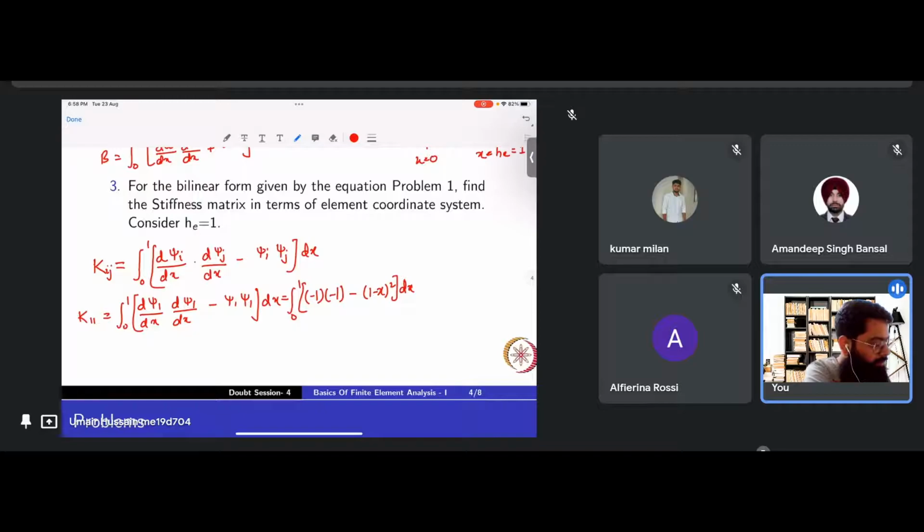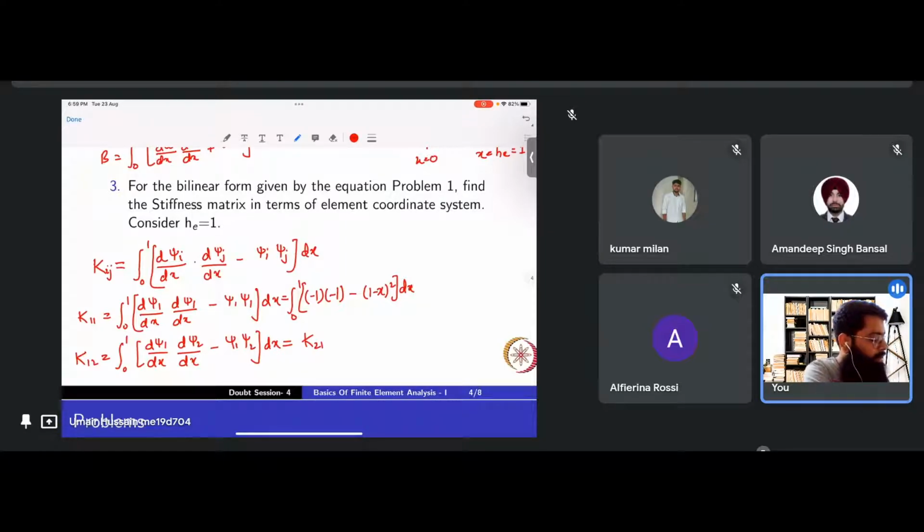I'll just quickly go through the others also. For K12 we'll have the derivative of psi 1 by dou x, times the derivative of psi 2 by dou x, plus psi 1 psi 2. Since this is symmetric, this will be equal to K21.